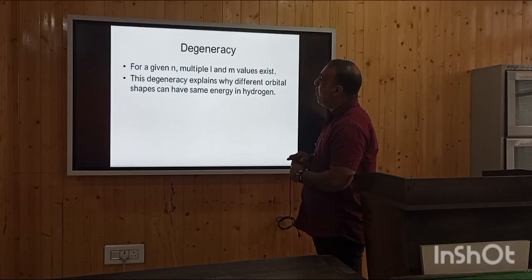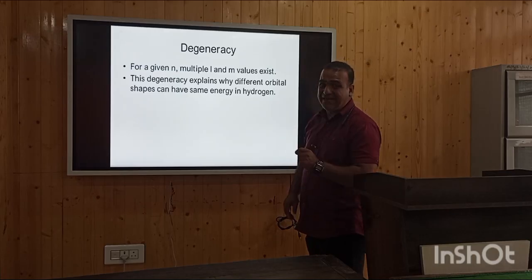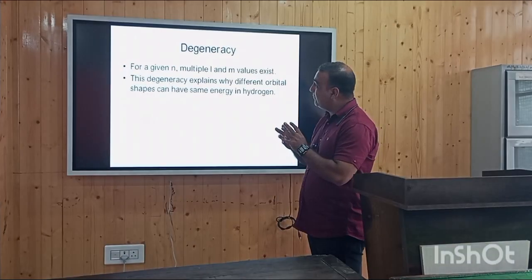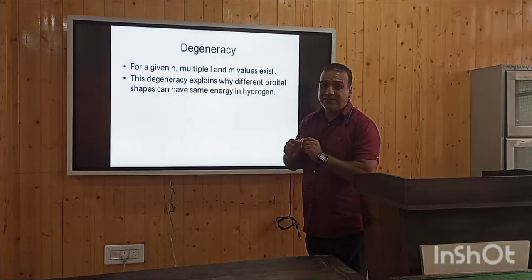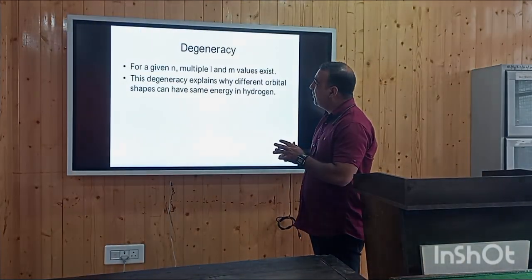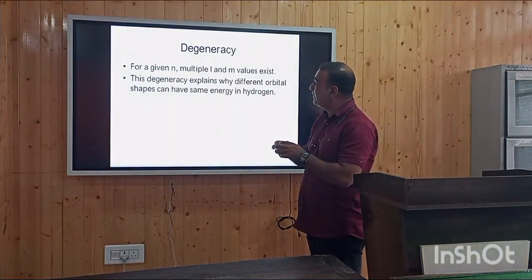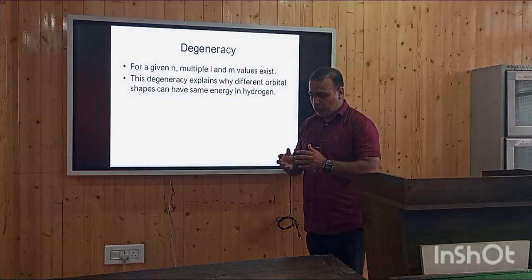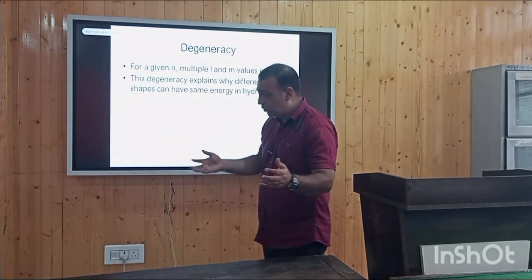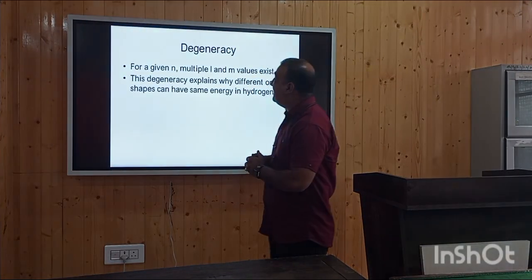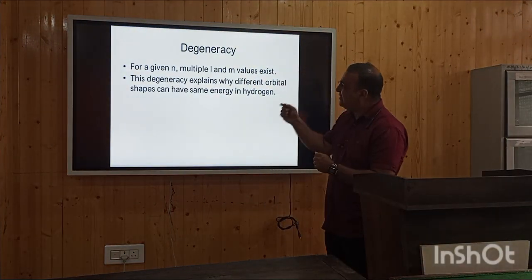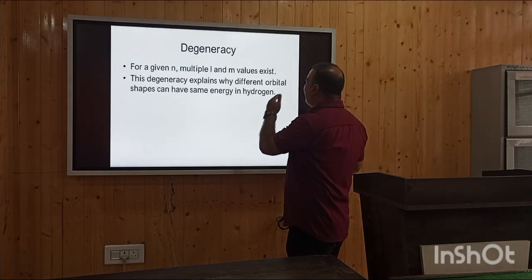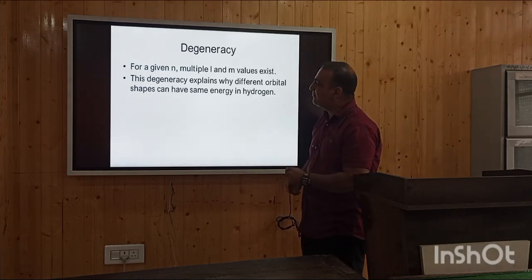Now for a given n, there will be multiple azimuthal quantum numbers, and there will be multiple magnetic quantum numbers. What does that mean? This gives birth to a well-known term in quantum mechanics called degeneracy. This degeneracy explains why different orbital shapes can have the same energy.